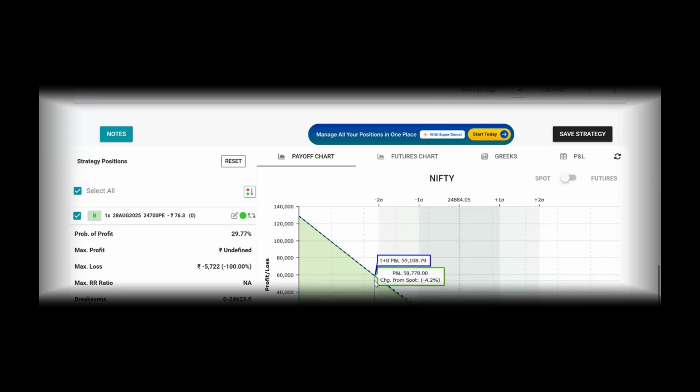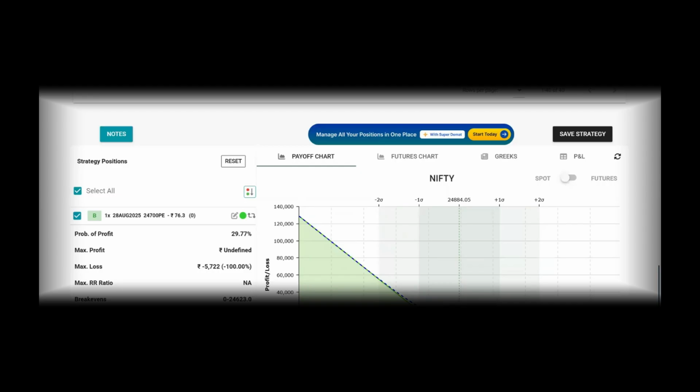Furthermore, notice that after a certain point is reached, if the market were to drop, you would get indefinite profits based on where it falls. Suppose there's a black swan event and the market were to crash, then you would be making good money out of just this one particular contract being bought.